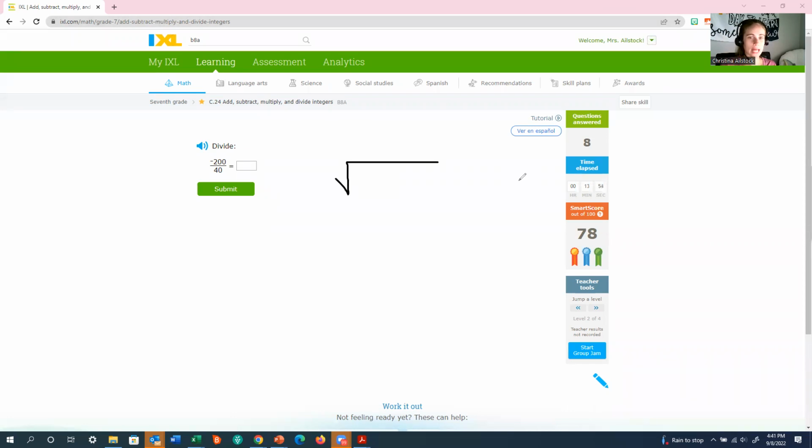And if you say it out loud again, that kind of helps you know how to put it into our division bar here. Because we have negative 200 being divided by 40. So the negative 200, your numerator always goes on the inside, and then it's being divided by 40. So your denominator is always on the outside.